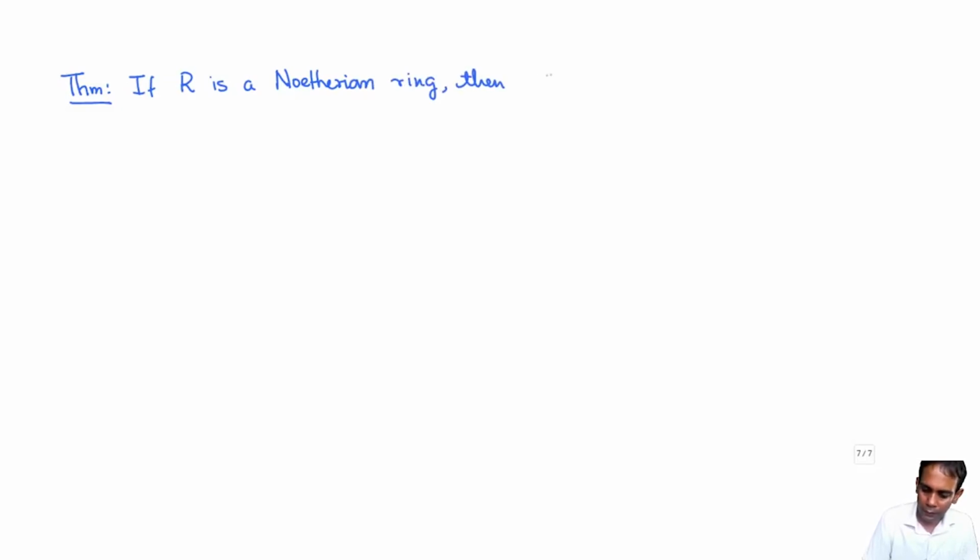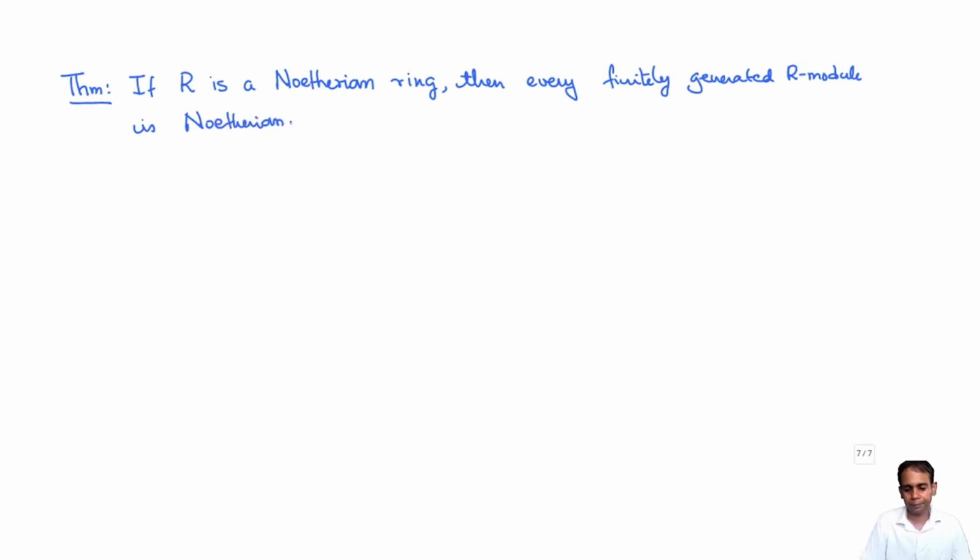then every finitely generated R module is Noetherian. In particular, it will follow that if you have a submodule of a finitely generated R module, then that will again be finitely generated.